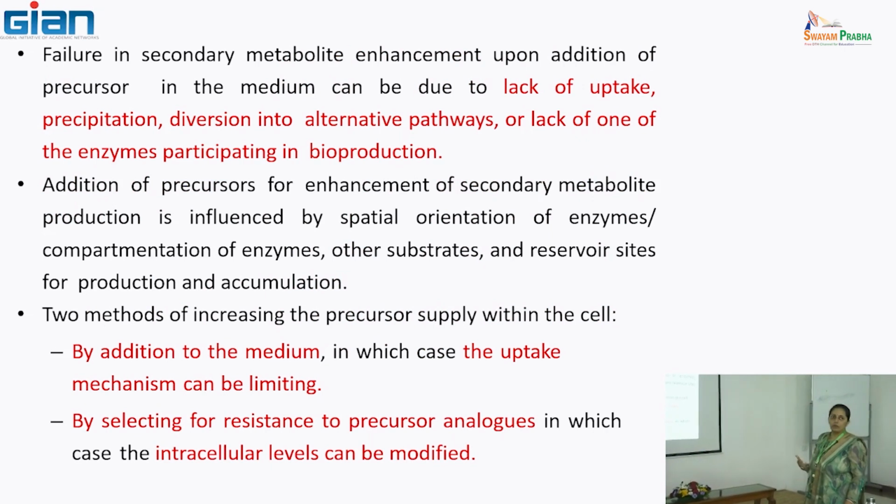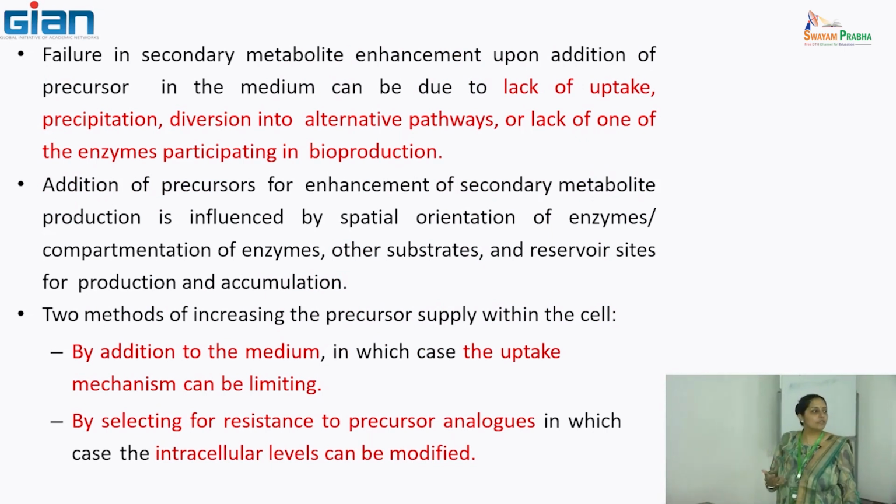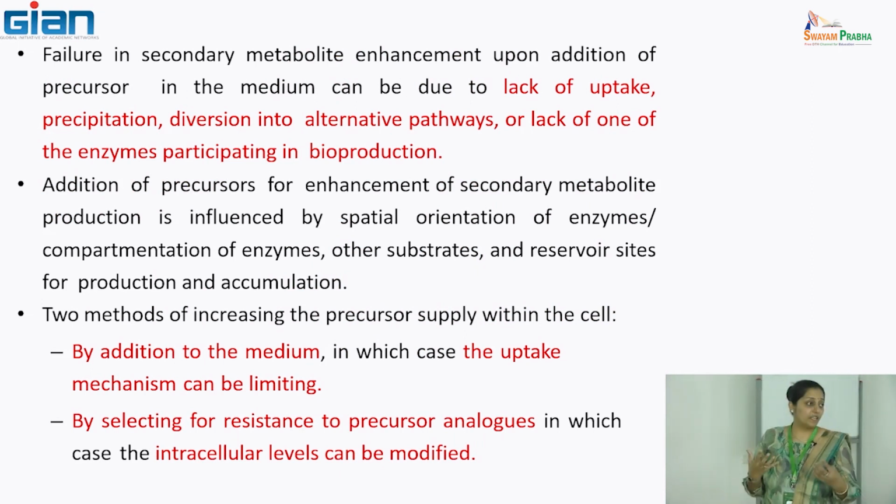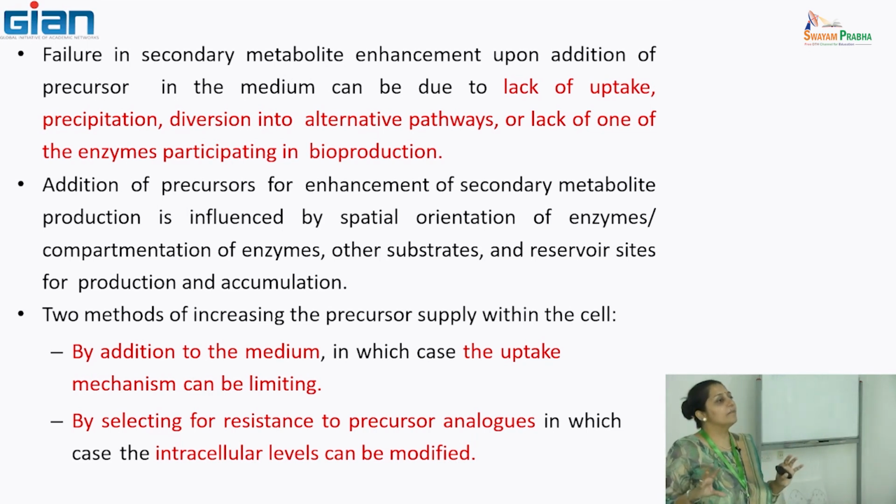Now, failure of these strategies can be because of a number of reasons. As I was mentioning, it can be a lack of uptake, precipitation, diversion into alternative pathways, or lack of one or more of the enzymes in the bioproduction. Right now, we are assuming that the enzymes are all in place.